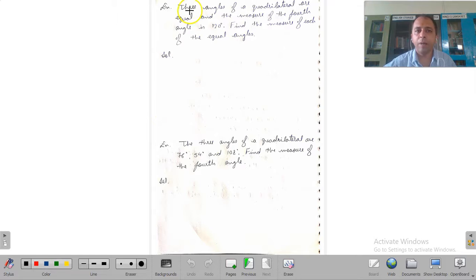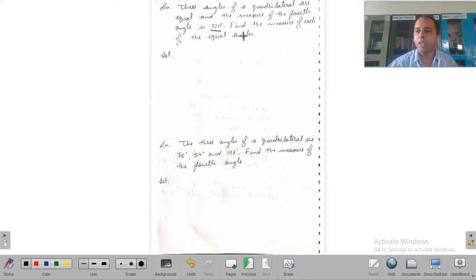So let's have one more example. Three angles of a quadrilateral are equal, and the measure of the fourth angle is 120 degree. Find the measures of each of the equal angles. So we have to find the measure of the three equal angles.